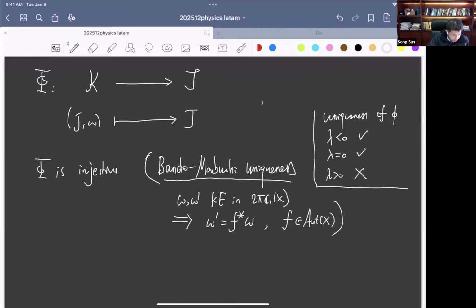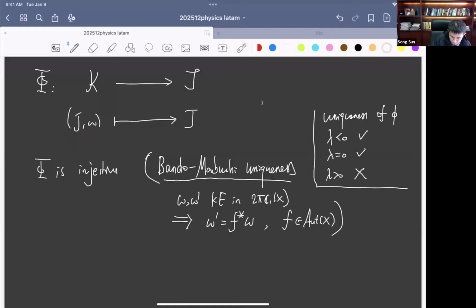So it's not unique as a tensor, but it's unique geometrically, because differing by a holomorphic automorphism means the geometry is still the same. For example, the curvature: the two metrics are isometric. And this implies φ is injective. Basically you fix the complex structure, and the ω's will differ by a diffeomorphism preserving J.